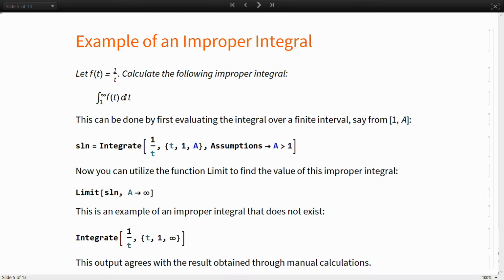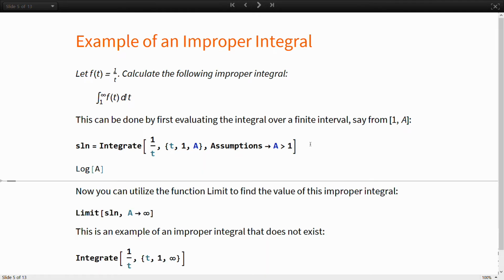As a second example, consider calculating the improper integral here, where f of t is equal to 1 over t, while the limit of integration this time is from 1 to infinity. Like before, begin by calculating the definite integral over the finite region from 1 to a, where a is greater than 1. With the definite integral obtained, take the limit as a goes to infinity.